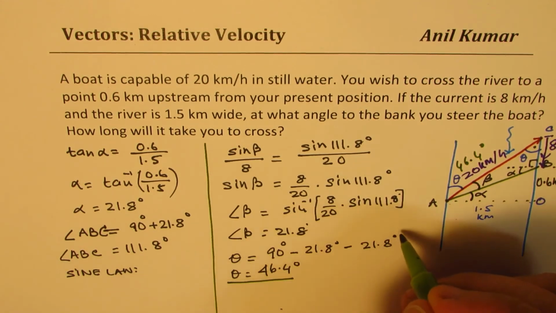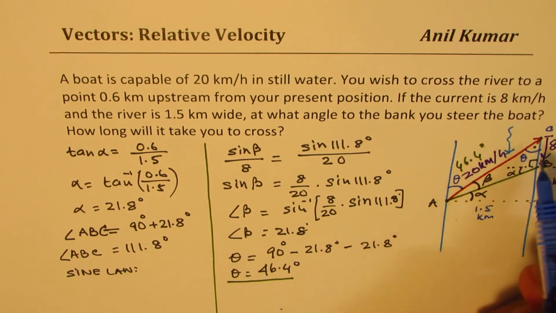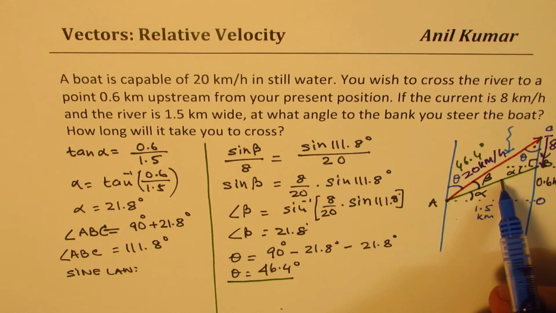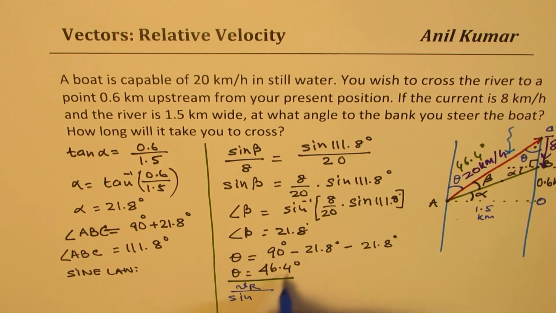Okay, so let's find resultant velocity first, which is, again, we have to apply the sine law to find this particular resultant velocity, right? So let's write down. VR, the resultant velocity, over the angle opposite, which is sine of 46.4 degrees, should be equal to 20 over sine of 111.8. You can actually find this as a ratio. It is simpler to work with ratios, right?